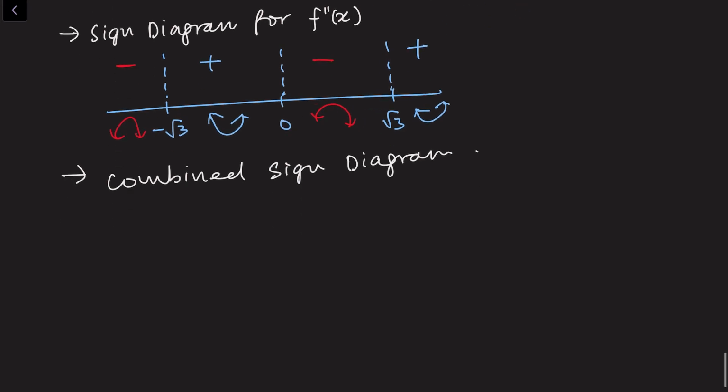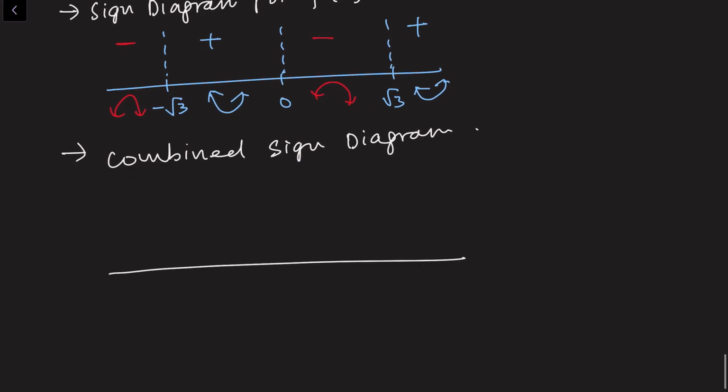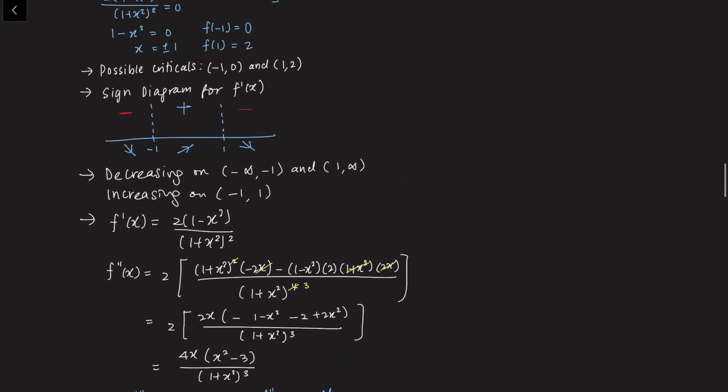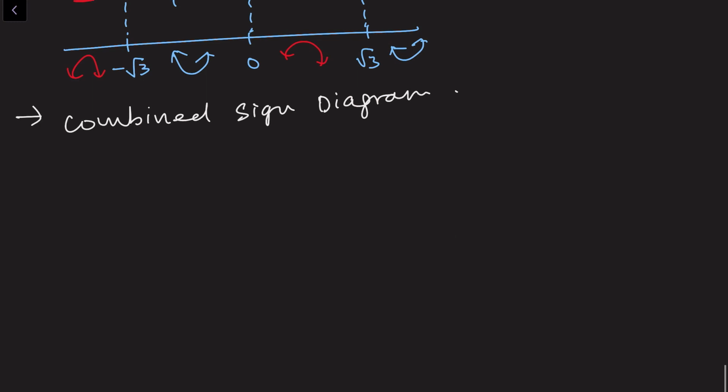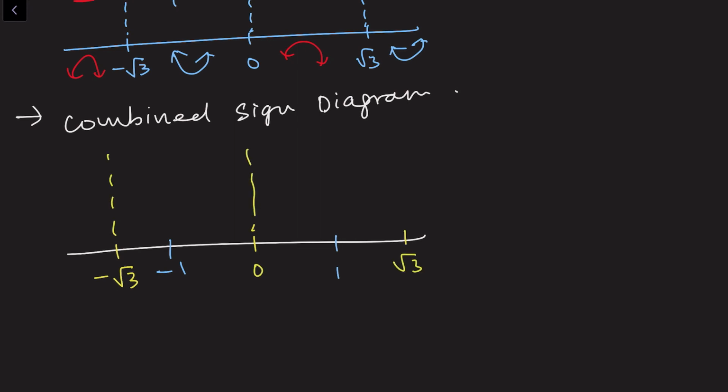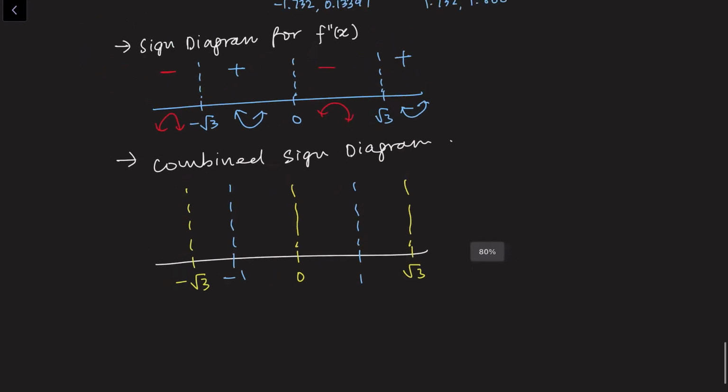So you have negative 1 and 1, and then negative square root of 3, in between is 0, and square root of 3 is here.